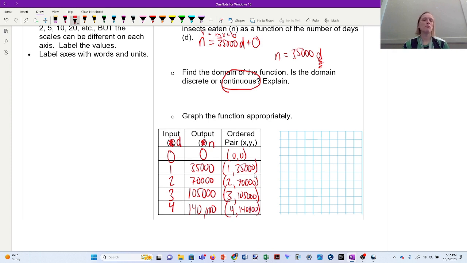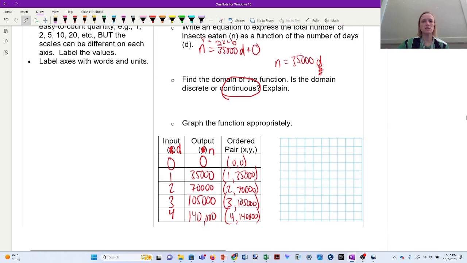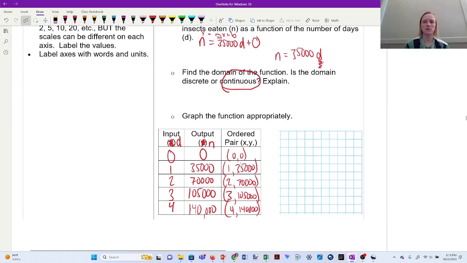Now, this graph is not pre-labeled for us. We're going to have to label it ourselves, and we're going to want to choose a sensible scale to capture all the points we want to plot. The smallest value we have on either axis is 0, 0, so we'll draw the vertical y-axis and the horizontal x-axis and call this 0 on either side.